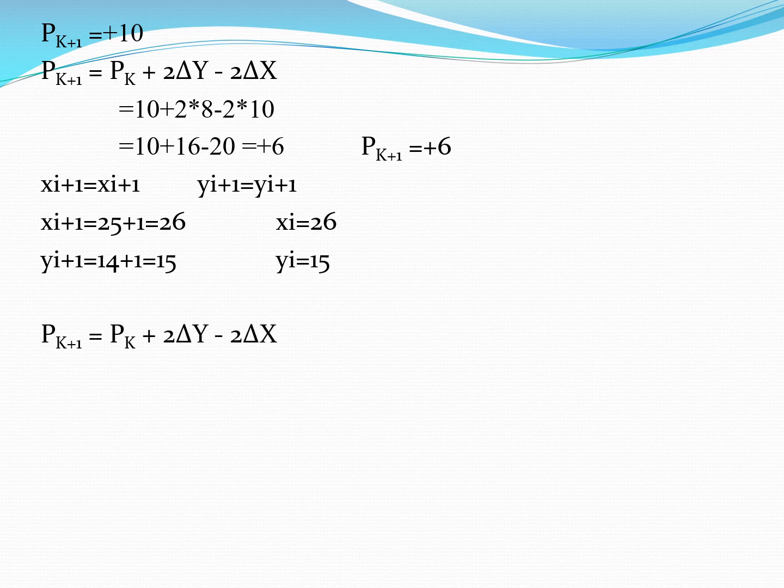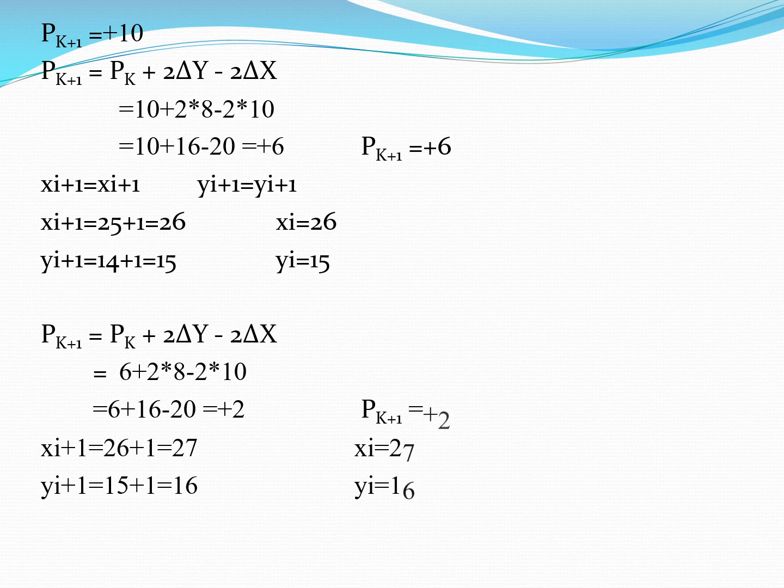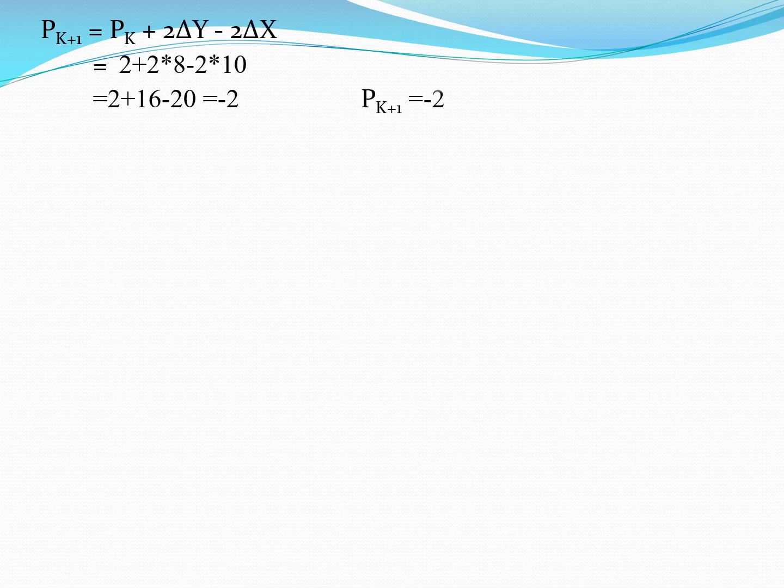Now it is positive, so implementing the same formula, the pk value now is positive 2. Again we increment both x and y values by 1, that is 26 plus 1 is 27, and 15 plus 1 is 16.